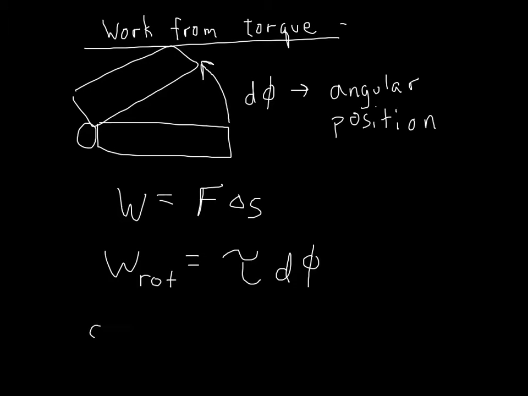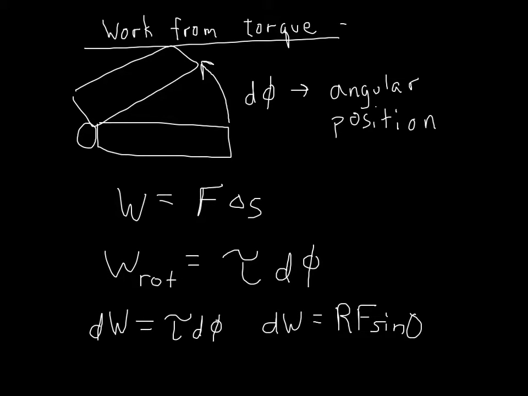So in other words, the change in work that I apply to an object is equal to the torque times the change in angular position. Or dW is equal to R times F times sine of theta times d phi.